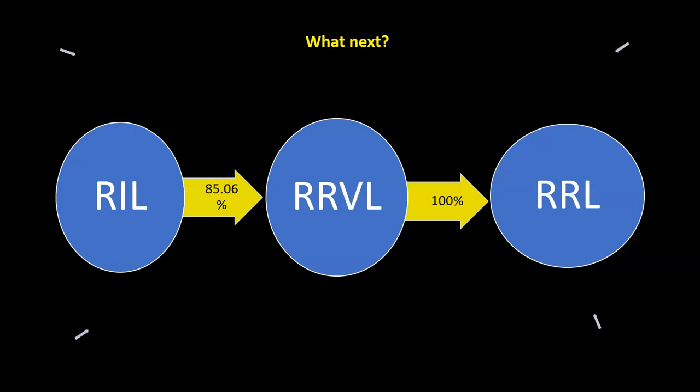Then what will be the purpose of having RRL as a separate entity? Maybe over a period of time, it will get merged with RRVL. We don't know that. Or maybe something else which is not visible to an ordinary shareholder is driving this strategy. But it's of course worth keeping a watch on these three players: RIL, RRVL, and RRL.